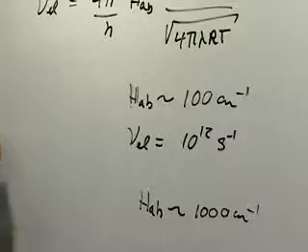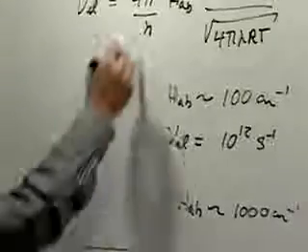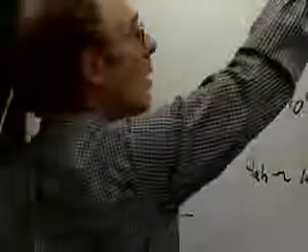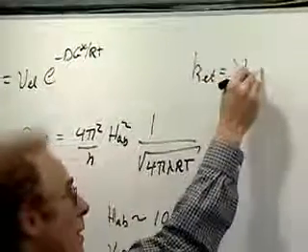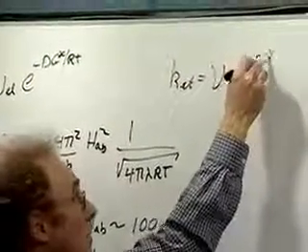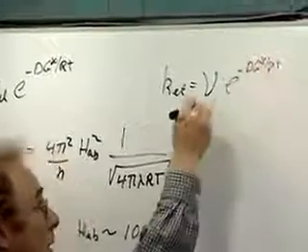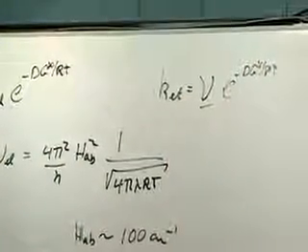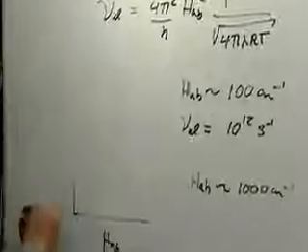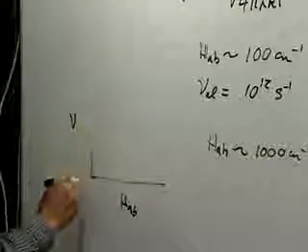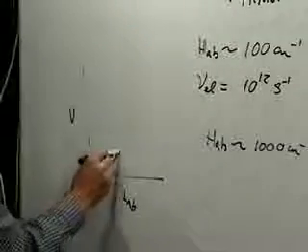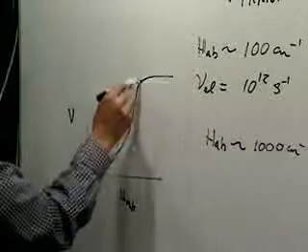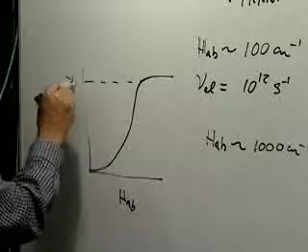So if we say our rate constant is equal to some frequency times e to the minus delta G star over RT, and we plot it versus HAB, this will be that frequency. It's going to be quadratic in HAB initially, and then it's going to level off at nu n.